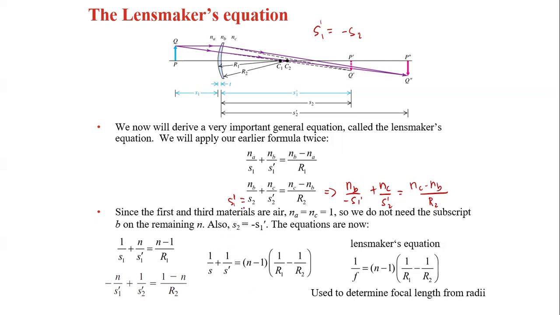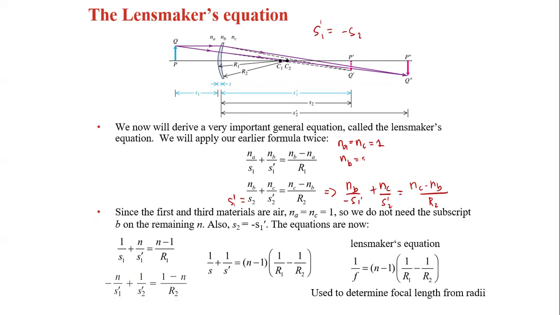From that, since this is air, na is equal to nc is equal to 1, and we treat nb as just equal to n.